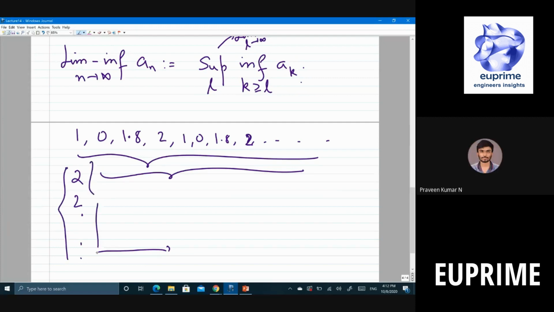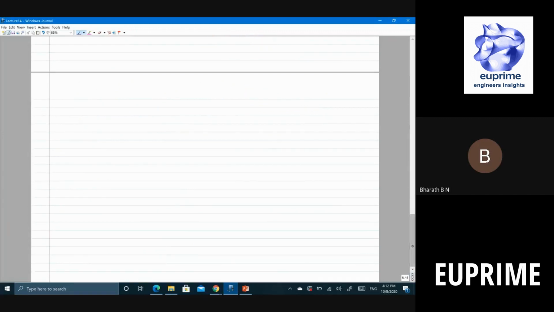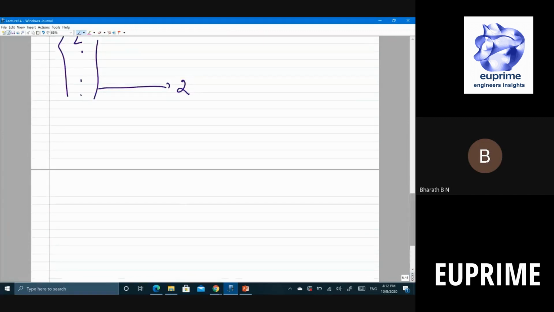What is the limit? 2. So 2 is the lim sup, right? Or I could take the infimum of this sequence, 2, 2, 2, 2, so you get 2, right? Is this fine? Okay.